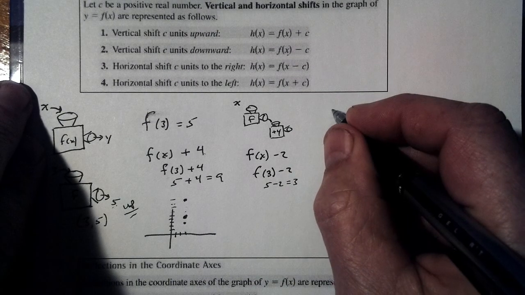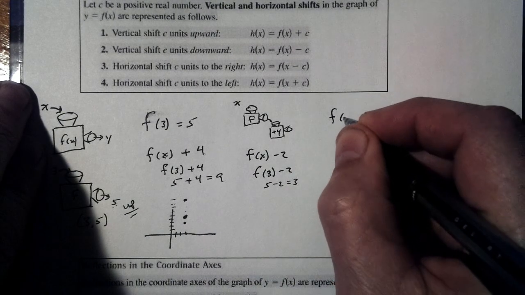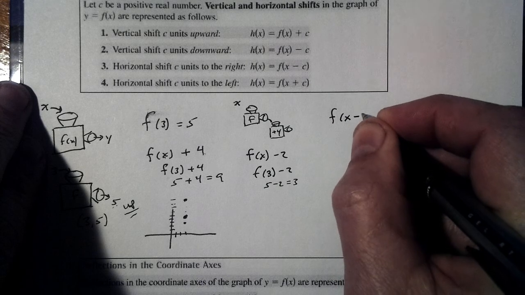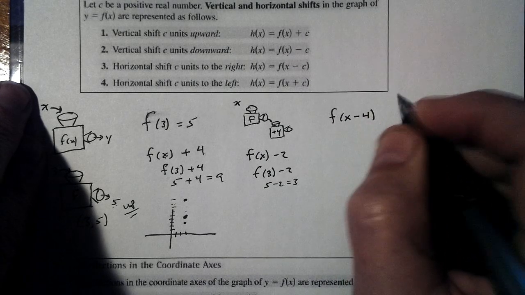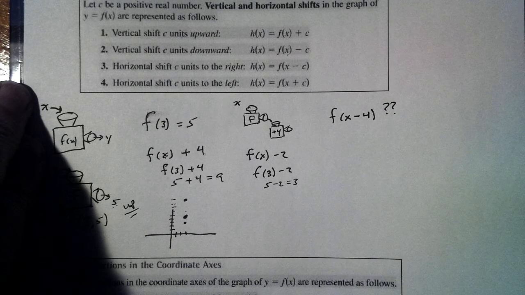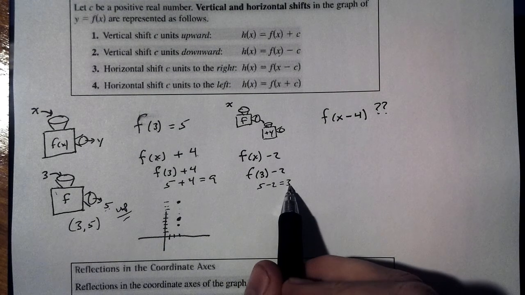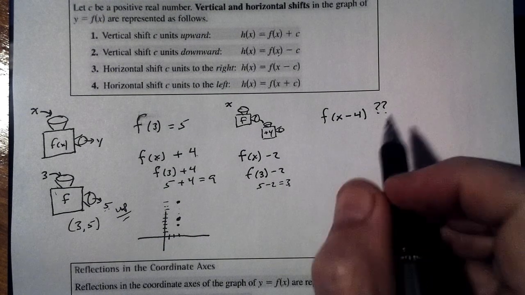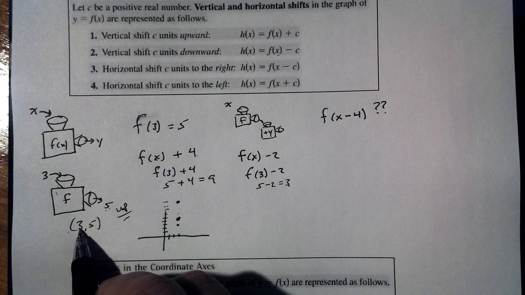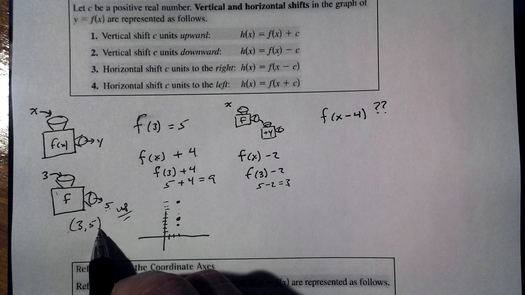So let's consider f of x minus 4. Now, the only thing I know about this factory is that it turns 3's into 5's.